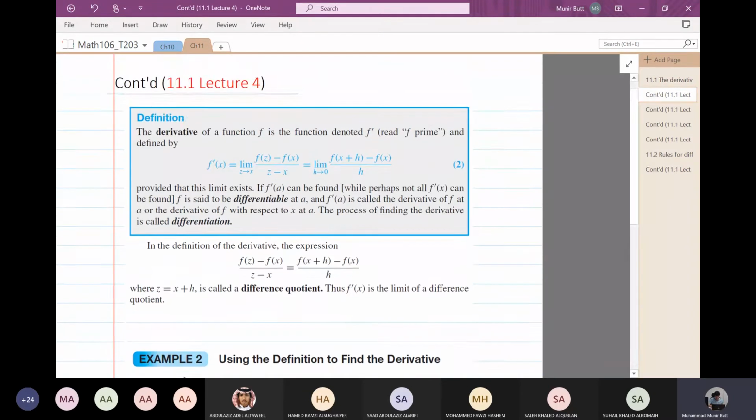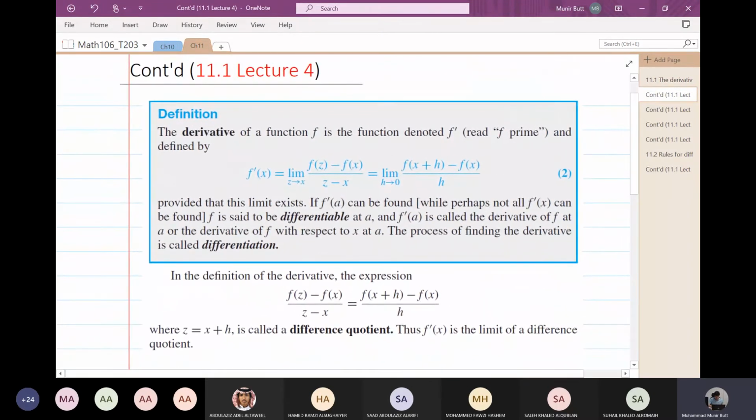Now the real target of this lecture was what is the derivative. So we are interested in finding the derivative, but since in the derivative the notion of the slope is inbuilt, that is why we first learned this one. Okay, so now we focus on what is meant by a derivative.